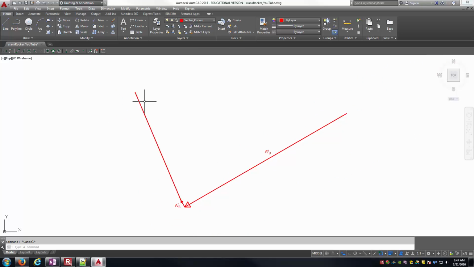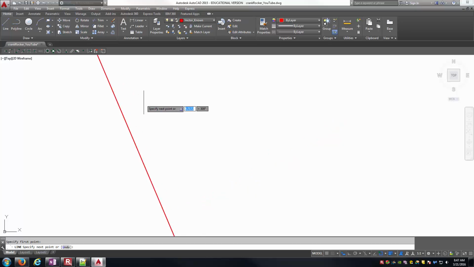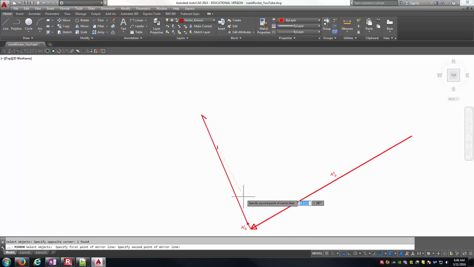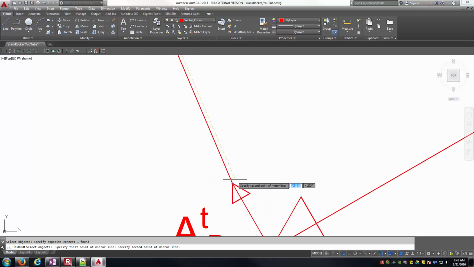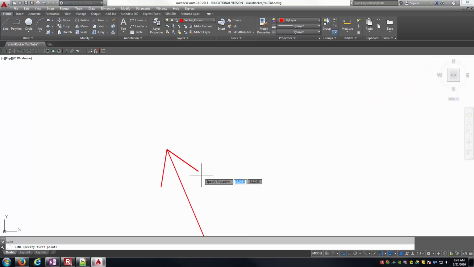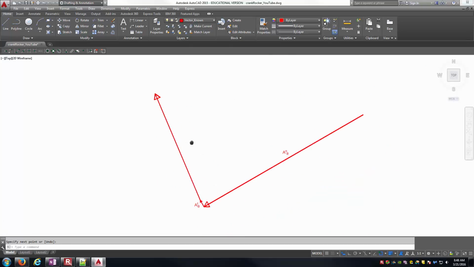Let's go ahead and put our arrowhead on it so we can remember where we were at. That looks pretty good. Here's that. And this completes our arrow.